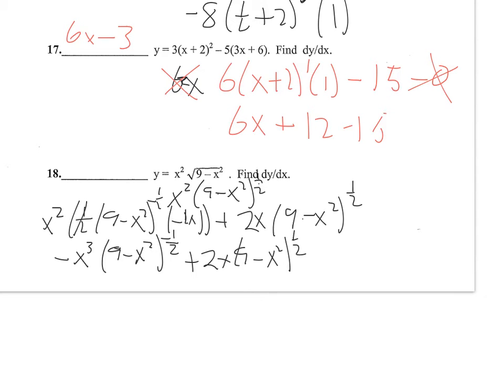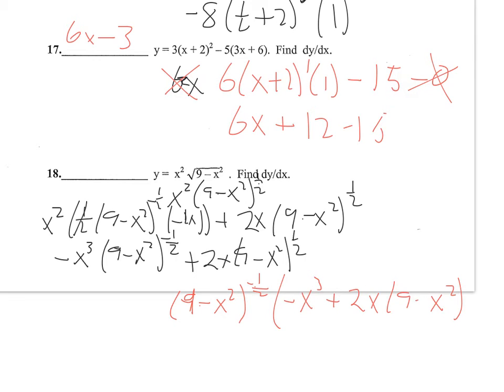Now I'm going to factor out a negative 1/2 power. If I factor out (9 minus x squared) to the negative 1/2, what's left from the first thing is just minus x cubed, plus 2x times (9 minus x squared).